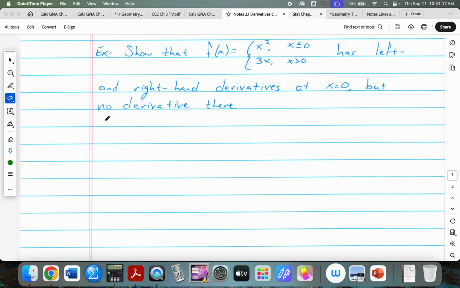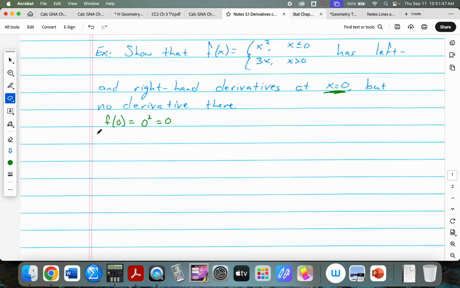Okay, so the first thing I'm always going to do is find f at 0, because it's asking me to find the derivative at x equals 0. Well, that's going to be 0 squared, because when x is equal to 0, the branch defined by x squared tells me what happens there. So that's 0.